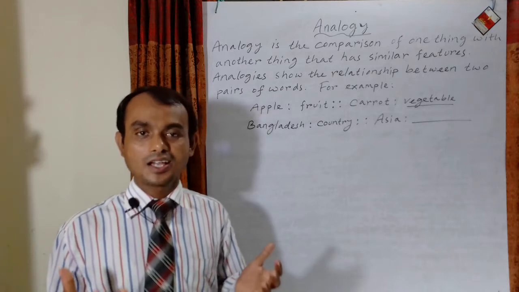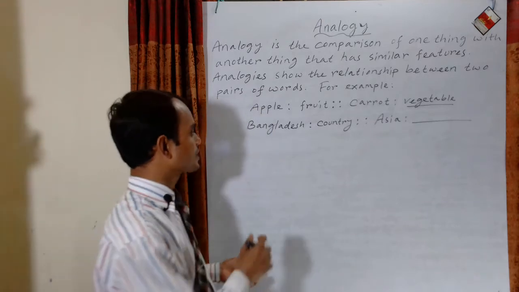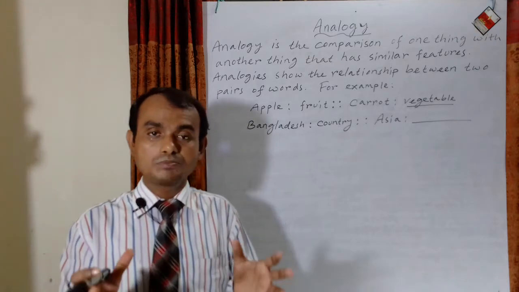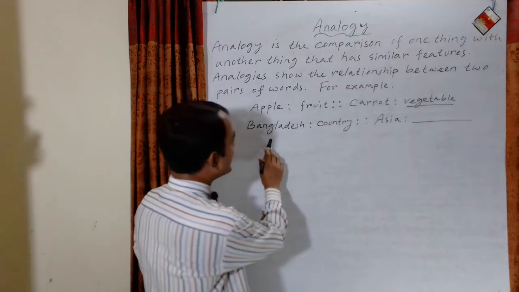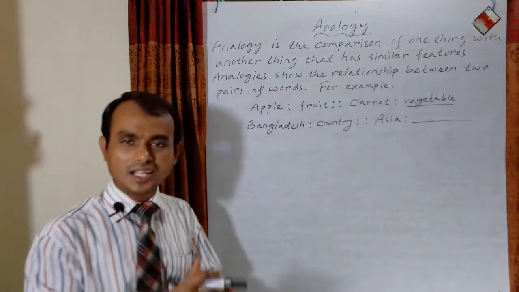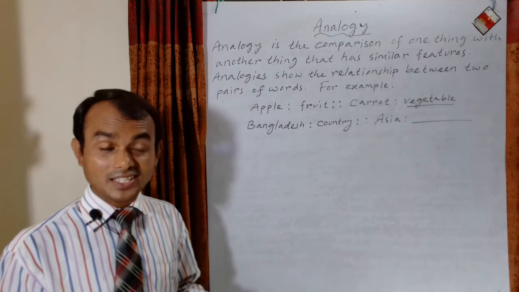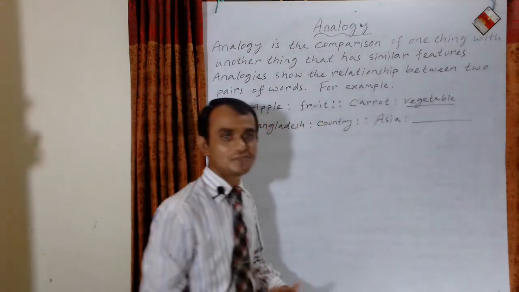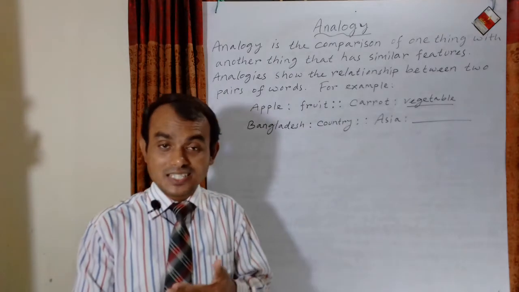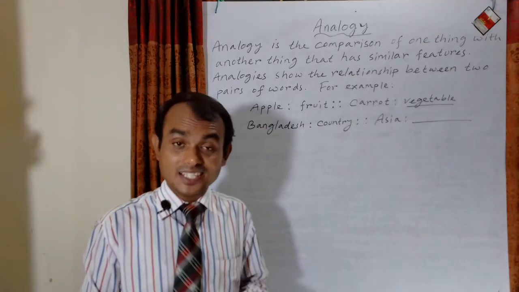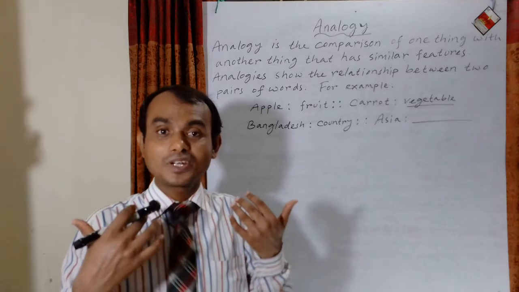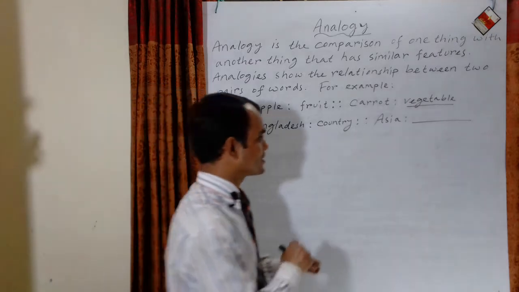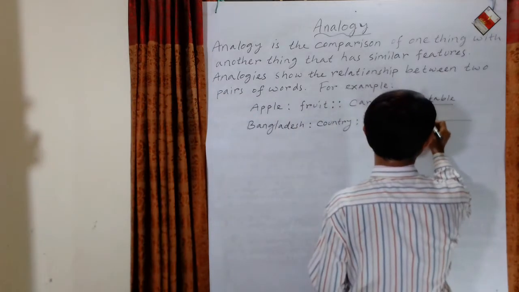What should be the completed analogy? Okay, at first you have to find out the relationship between two things. Bangladesh is one kind of country. Asia is one kind of what? One kind of continent. That is analogy. Continent.